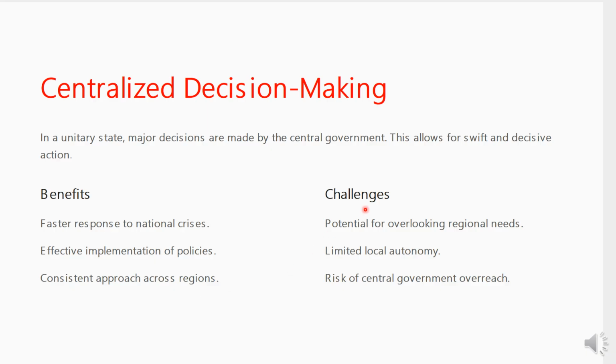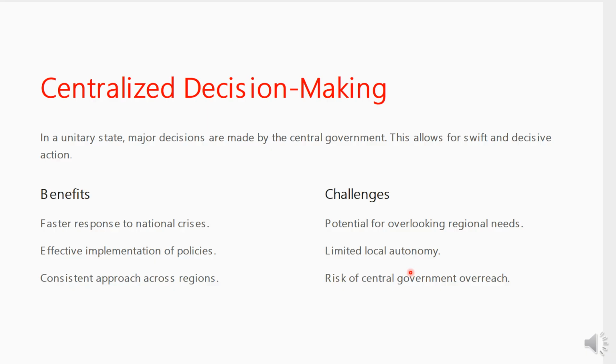Here we have some challenges in centralized decision making: potential for overlooking regional needs, limited local autonomy, and a risk of central government overreach. Centralized decision making can limit input from diverse perspectives and stakeholders.